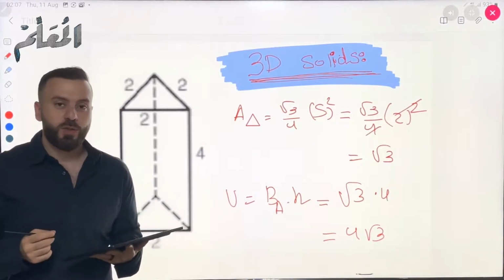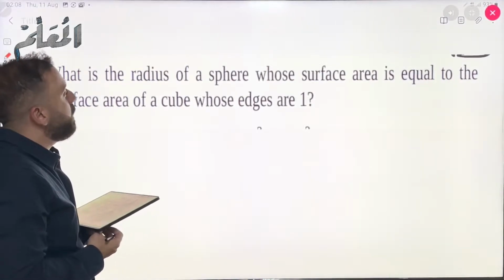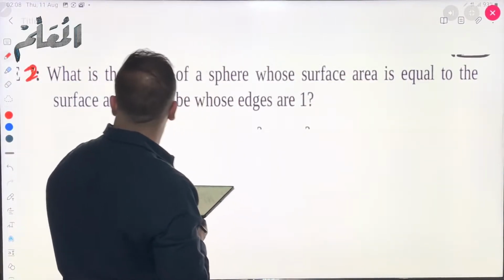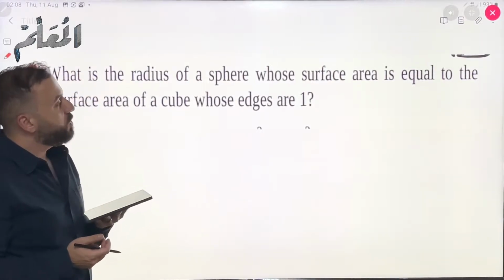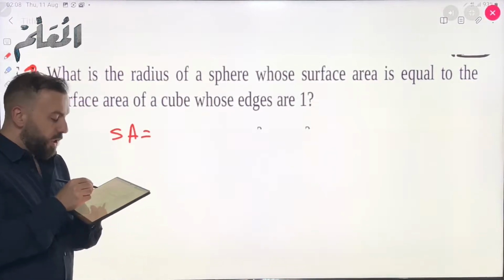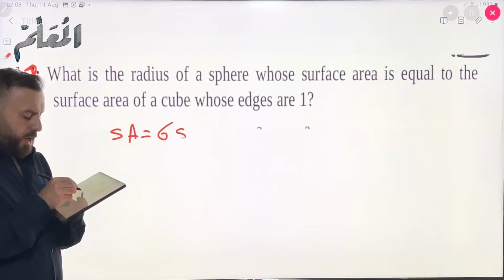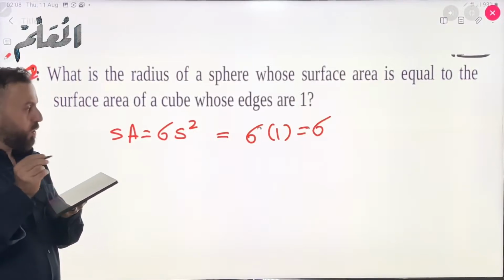Okay, question 2. Here we go. What is the radius of a sphere whose surface area is equal to the surface area of a cube whose edges are 1? I know the surface area of a cube is equal to 6 side squared, which means 6 times 1, and that is equal to 6.